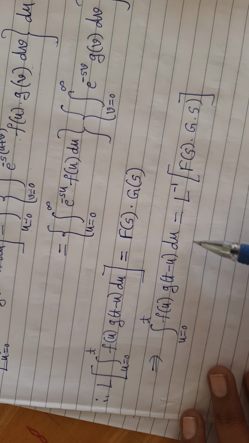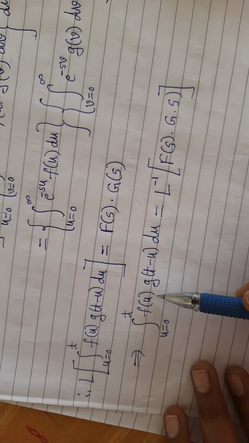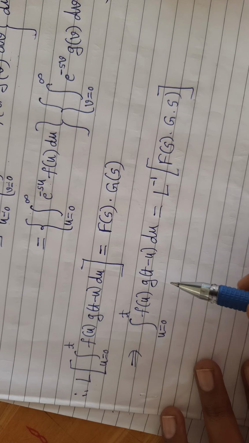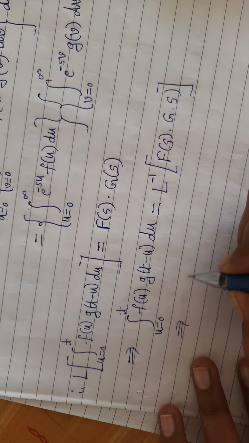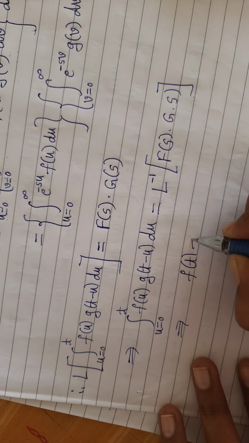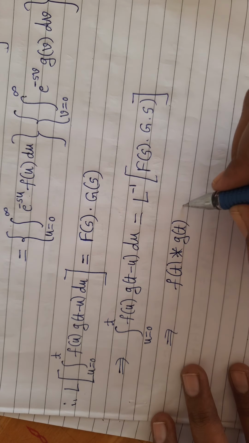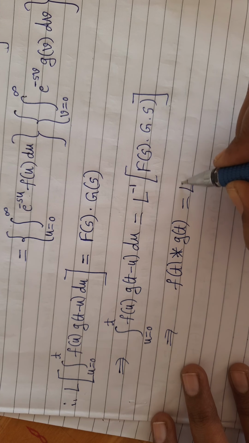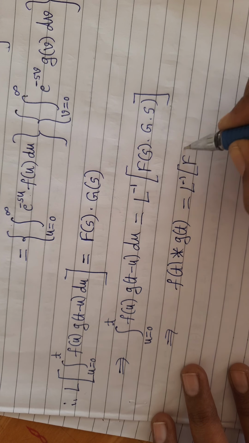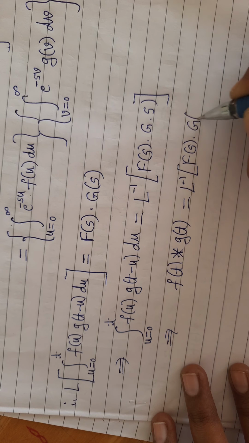This is the definition of the convolution of two functions. So this is nothing but f of t star g of t. So that is equal to L inverse of f of s into g of s.